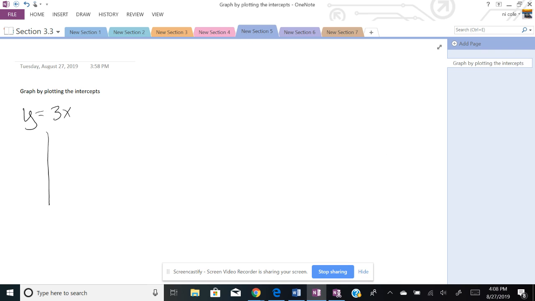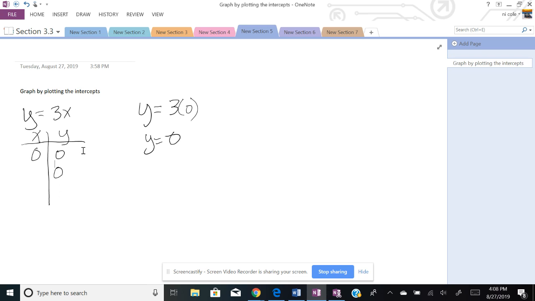Here we go. You're going to start again with the table. You're going to get your x and your y, x, 0, 0. You always want to start this when you want to graph by plotting the intercepts. So I'm going to plug in 0. So y is equal to 3 times 0. Therefore, y is equal to 0.